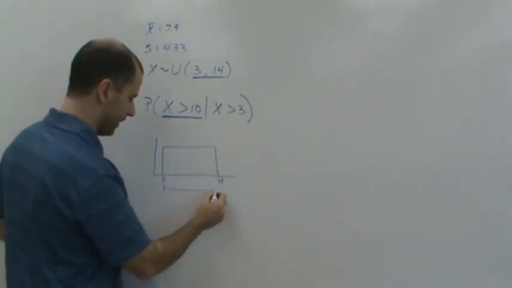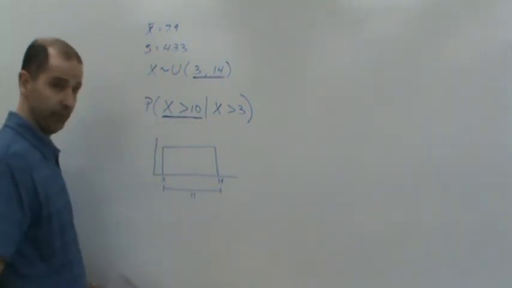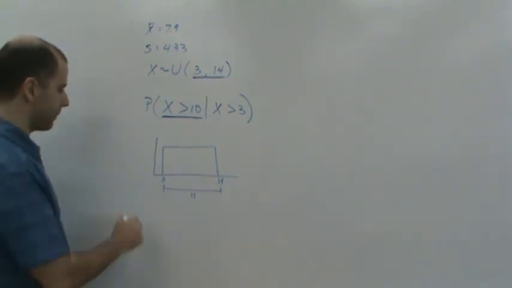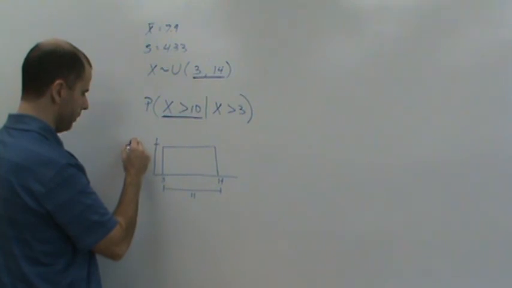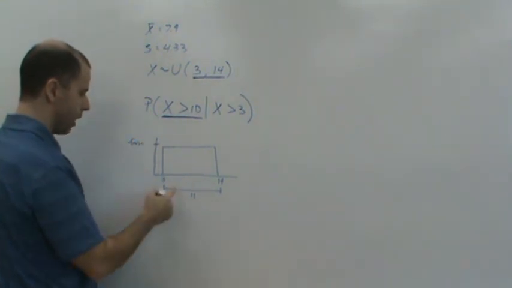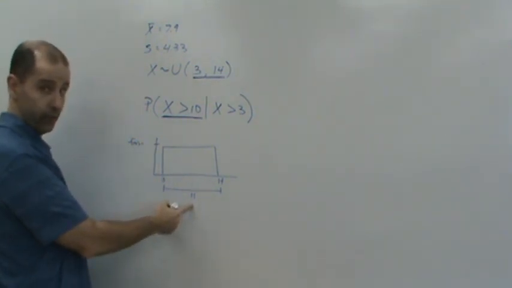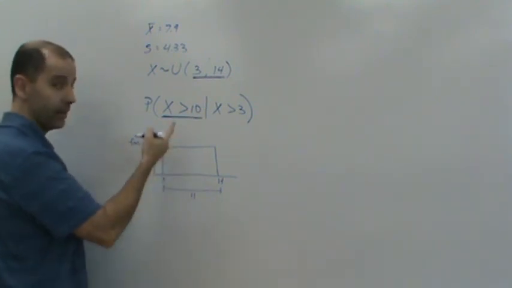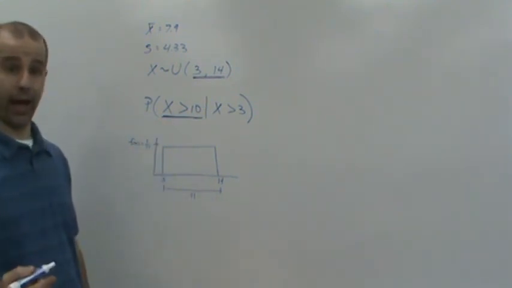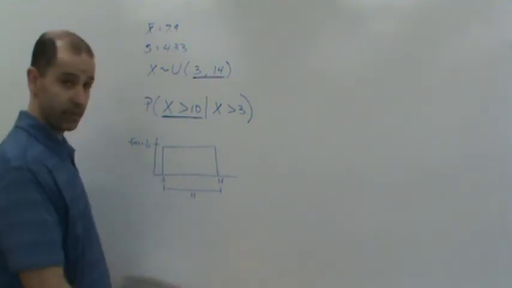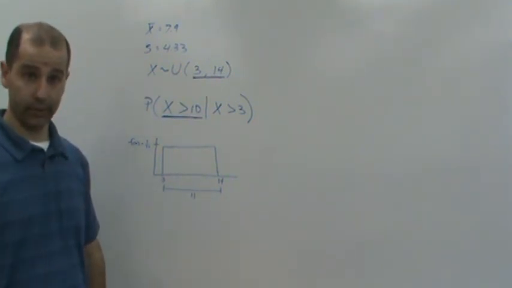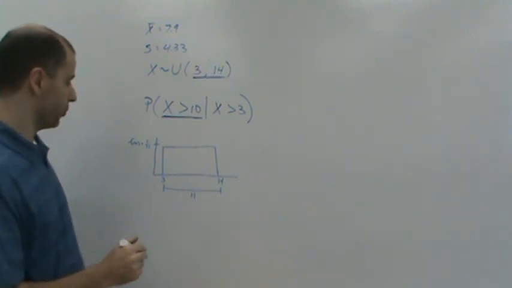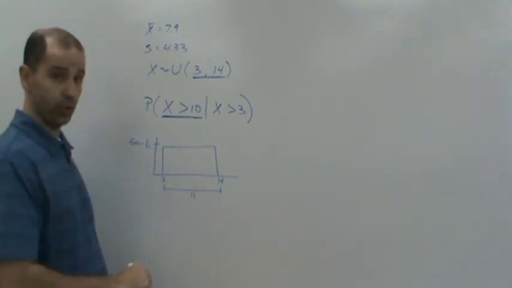Well, the new base here is 11 now, not 14. So what happens to the height of a rectangle? Well, f of x is now 1 over 11, not 1 over 14. So our height of a rectangle went up. Why? Because the base of a rectangle shrunk, the sample space. Make sense? So now, this is what we have to use.